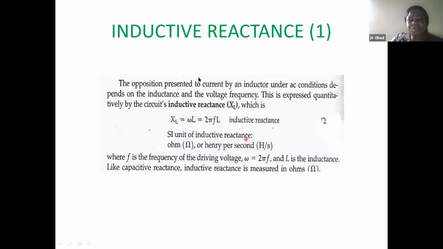The opposition presented to current by an inductor under alternating current conditions depends on the inductance and the voltage frequency.